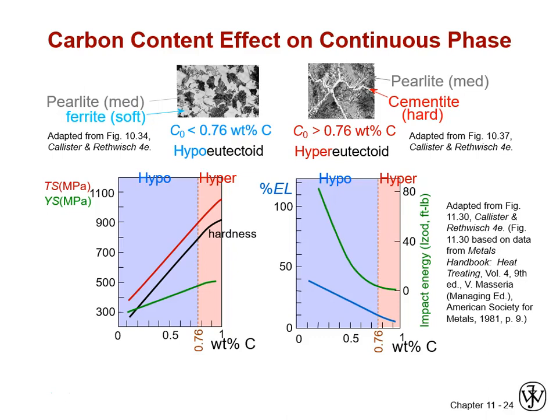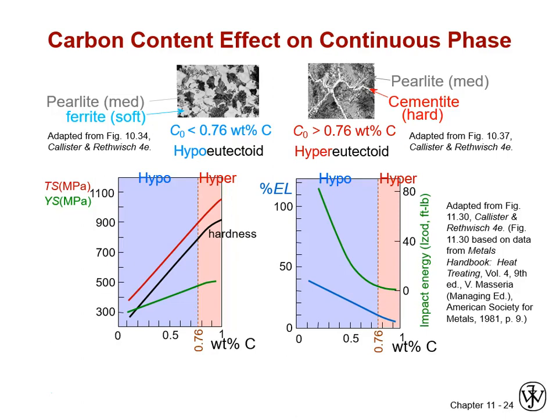Hypoeutectoid steels with a continuous phase of ferrite are going to be softer, tougher, less strong. Flip side, hypereutectoid, these will start to overlap with your heat-treated bainitic steels and your martensitic steels in terms of strength, and will tend to be low on fracture toughness. And the graphs below just give you some examples of how that can go. Again, look, the blue side of the graph is your hypoeutectoid side, where you have continuous ferrite.